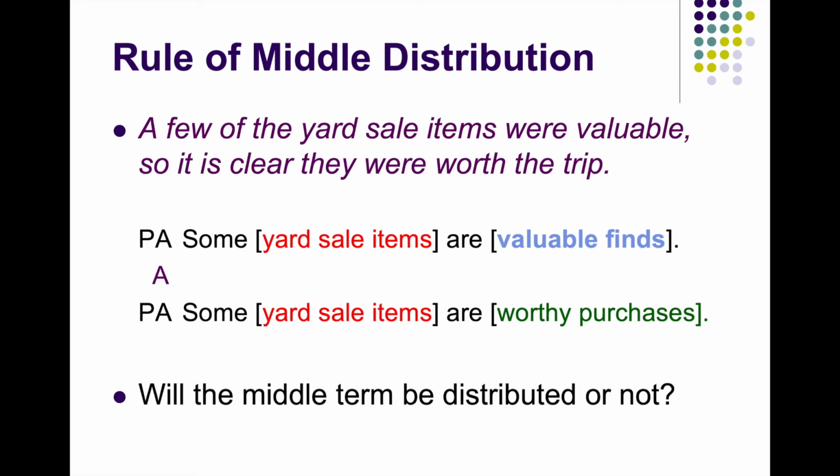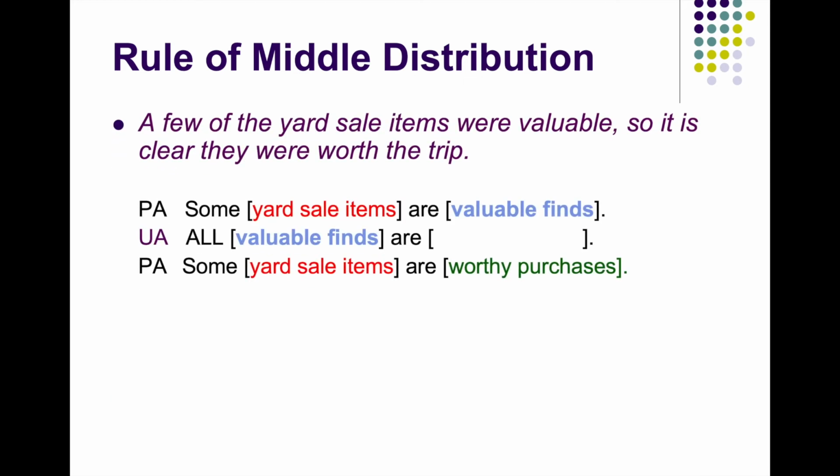And I know then valuable finds, the middle term, must appear in the subject term position of that universal affirmative statement, right? So I would place that middle term, valuable finds, in the subject position of the missing premise, which I know now is a universal affirmative statement.